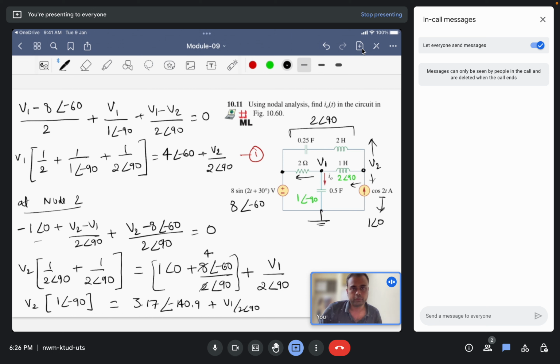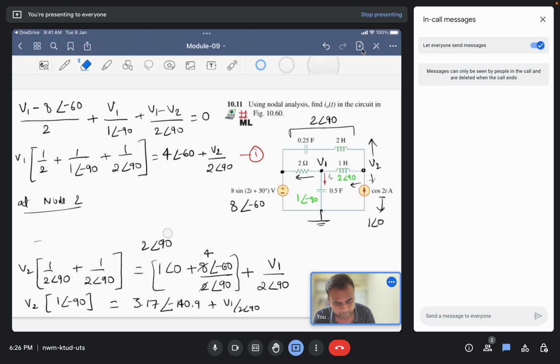Okay, so we are interested in calculating V1, that is why we'll substitute V2. So we have to further simplify V2. So I will write the value of V2 here. So V2 will be, we have to divide by 1 angle minus 90. Since this is 1, only the angle will matter here.